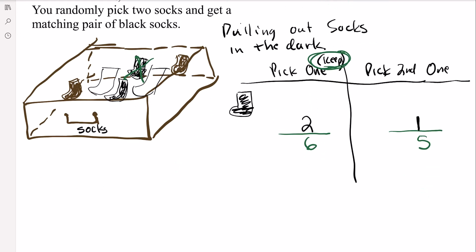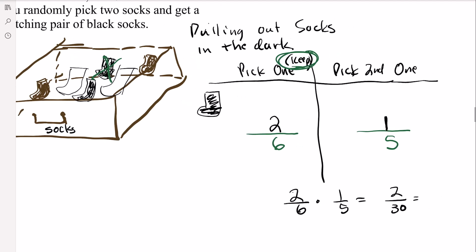So if the instructions were to find that probability, you could do 2 over 6 times 1 over 5, and you would get 2/30, and then you could reduce it to 1/15. So you have a 1/15 probability in the dark, random, and let's say all the socks are the exact same size, same texture, because that's what theoretical probability is.